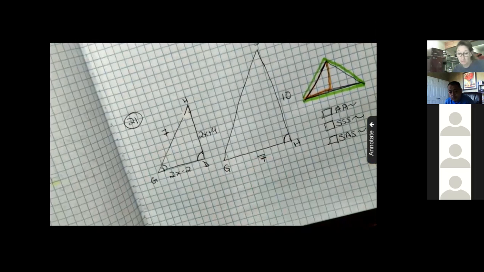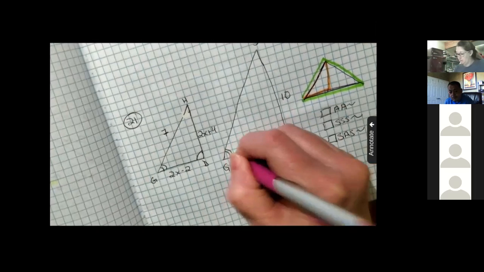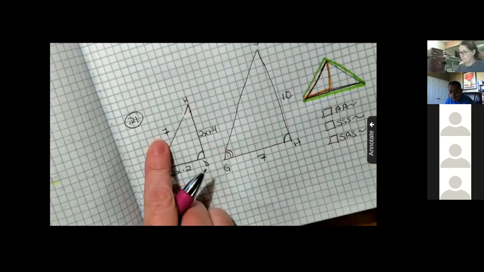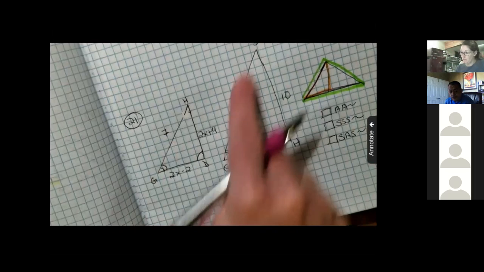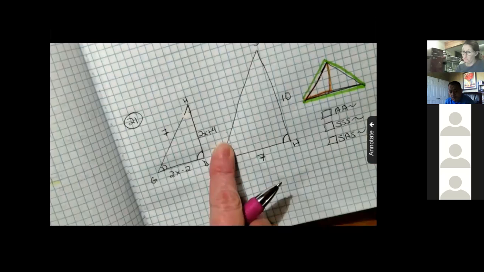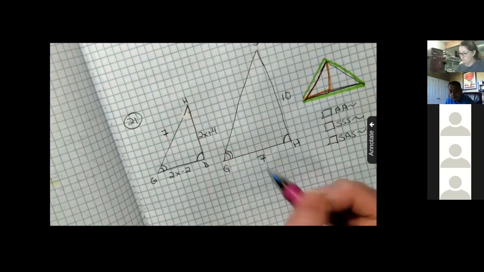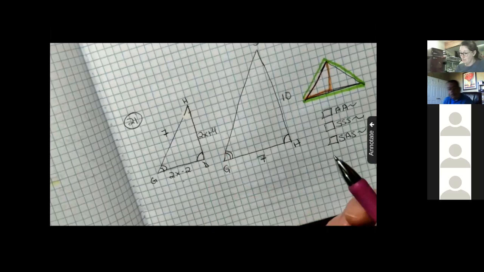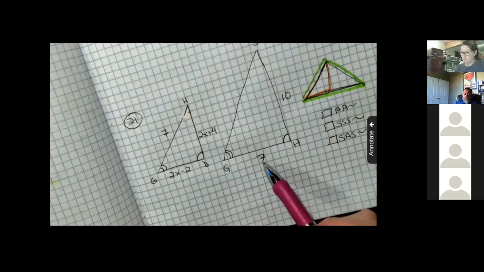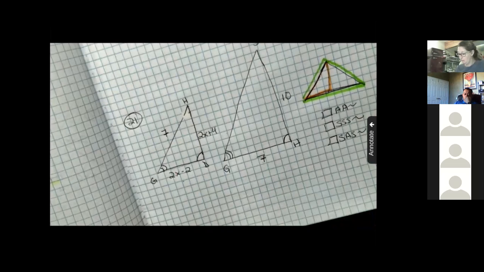Oh wait, I didn't put my G, because they're different sides. This is my hypotenuse or my long side, which I don't know. I only know part of it, which is 2x minus 2, because of this. So this is not the same as this. Does that make sense? So I'm going to highlight the sides that are the same.